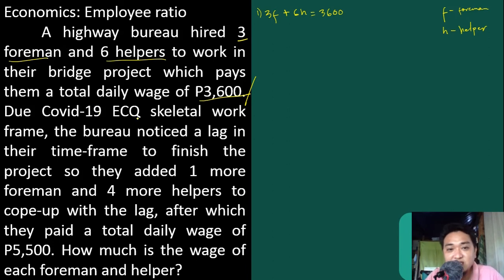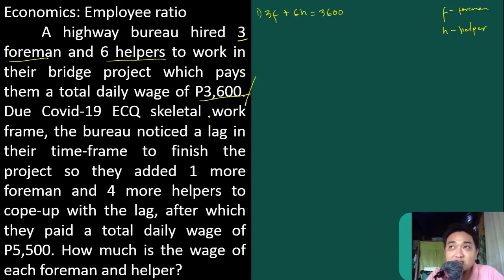Due to COVID-19 ECQ skeletal work frame, which is yun naman ang nangyayari ngayon, pagka ganito pala, pag may mga pandemic, nagkakaroon tayo ng skeletal work frame. Tagpi-tagpi yung pagpasok ng mga trabahador.